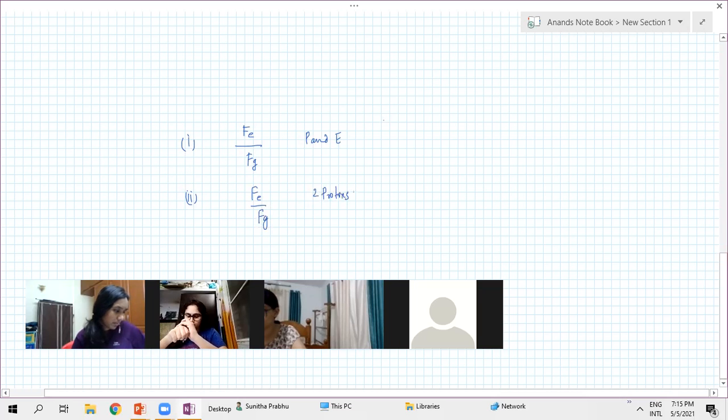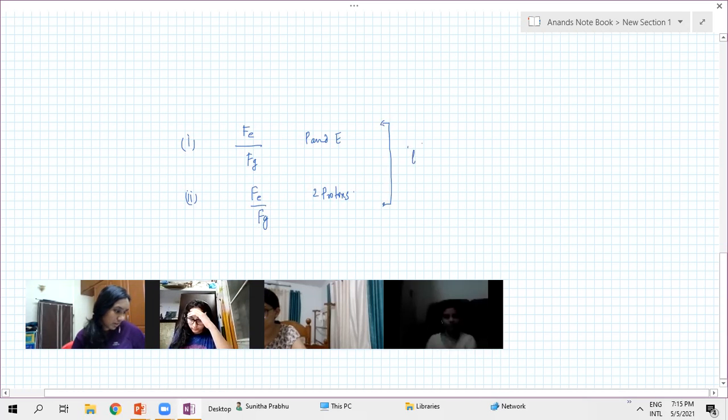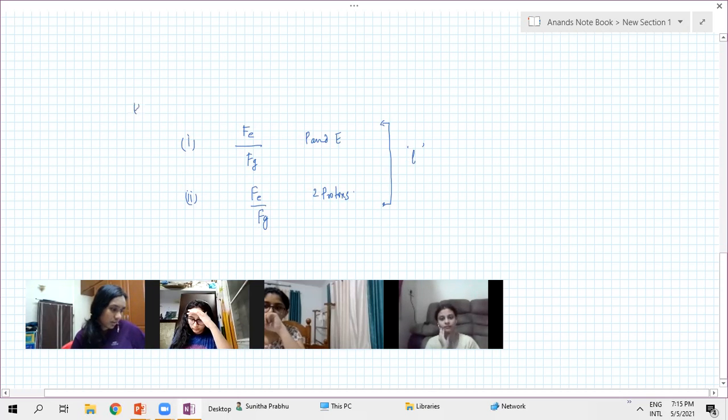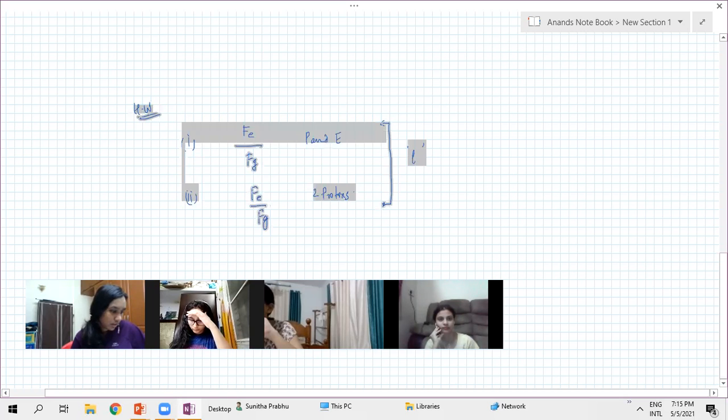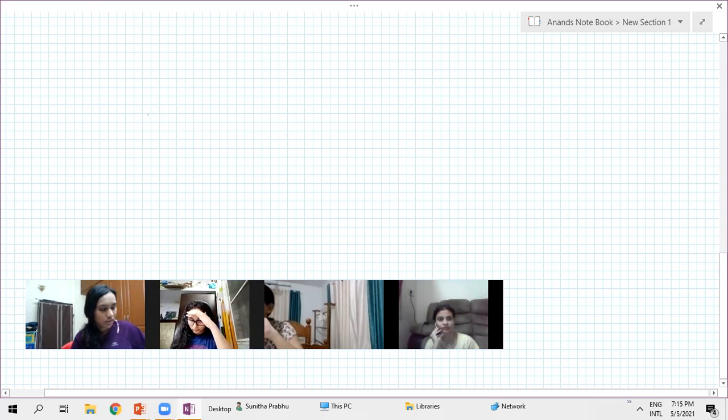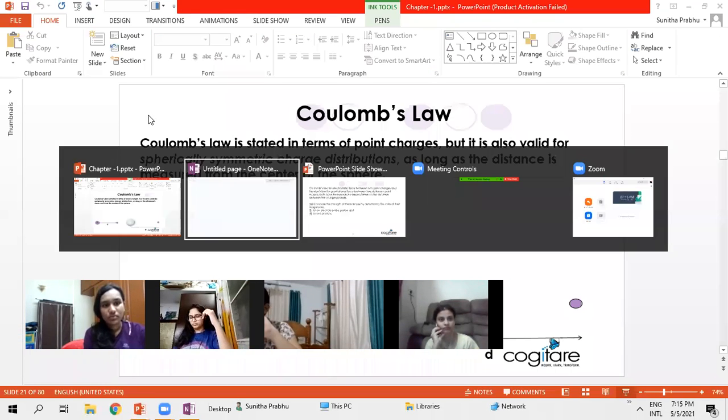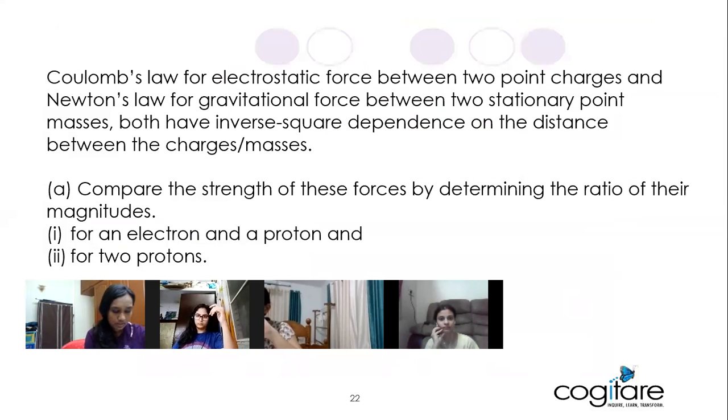For convenience sake, take the distance in both the cases to be some common distance L, D, whatever. Okay? This is your homework. All right.